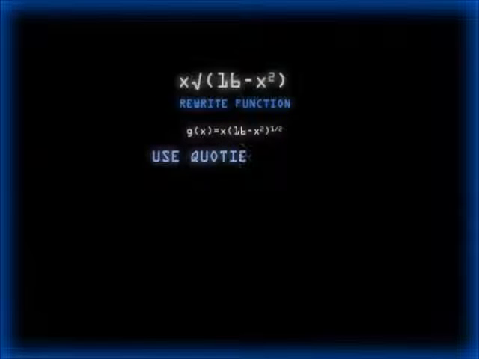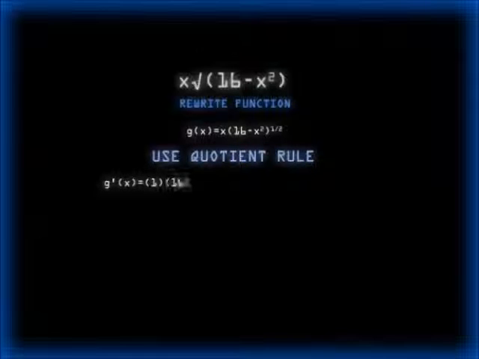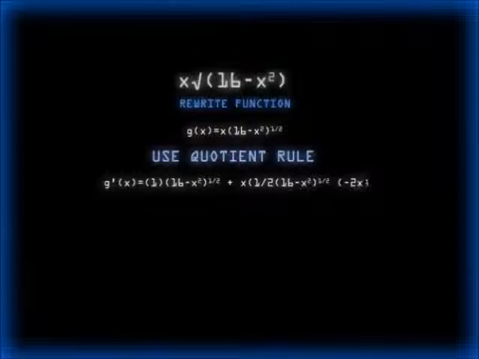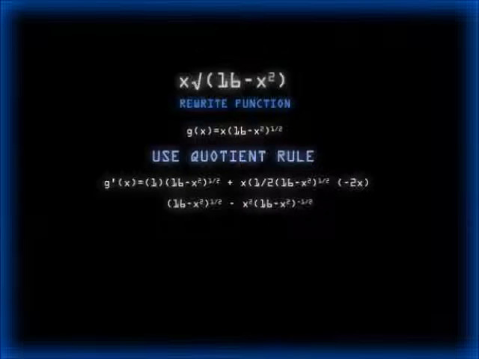From there, let's use the quotient rule, which basically makes us do the front one, which is the x times the 16 minus x squared, just normal, plus x times 1/2 of 16 minus x squared, all of that to the power of 1/2 minus negative 2x, which is the inside from the 16 minus x squared. Let's rewrite that.